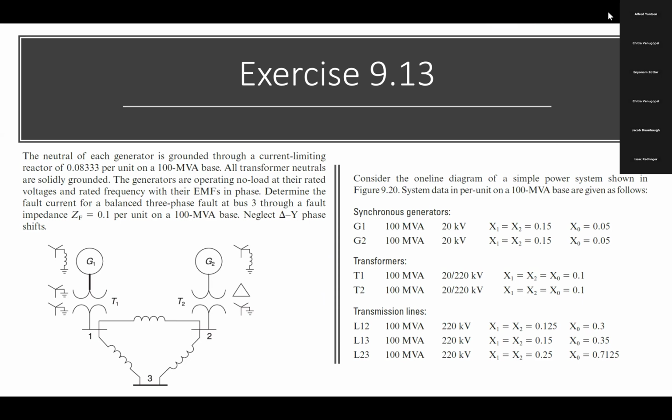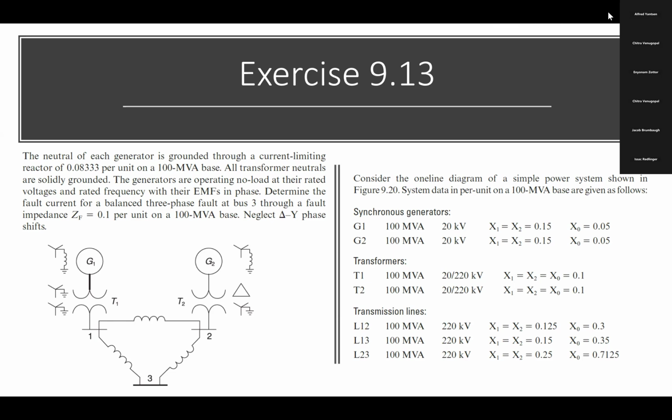PowerWorld has 7 buses; this has only 3. But the generator and transformer arrangements are very similar, and the details given are also similar. So this is a simpler version of how to solve your bigger PowerWorld project problem.